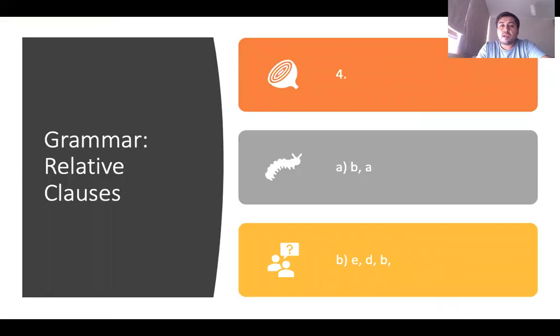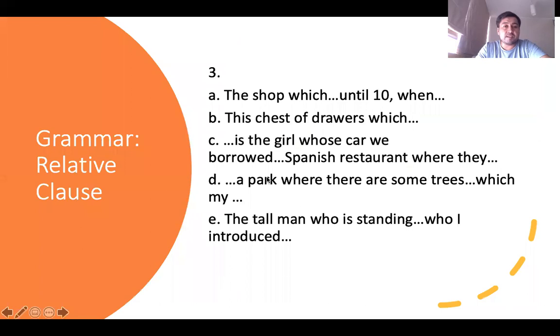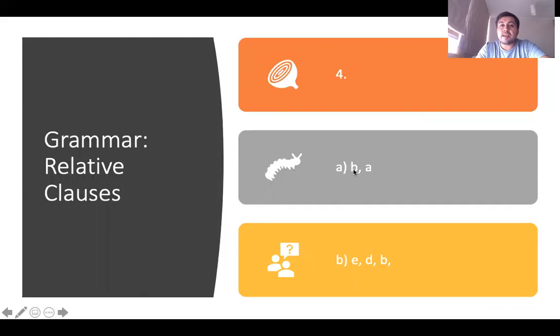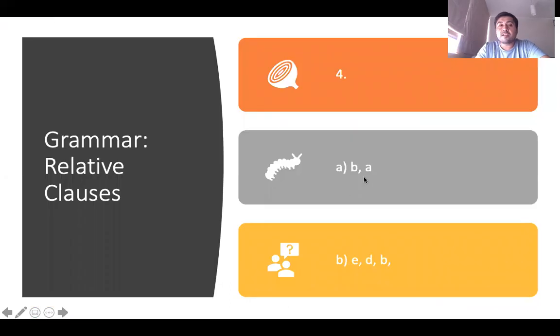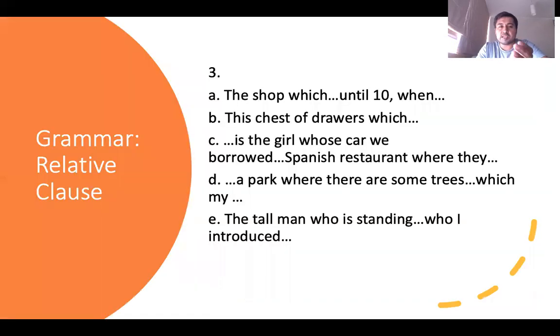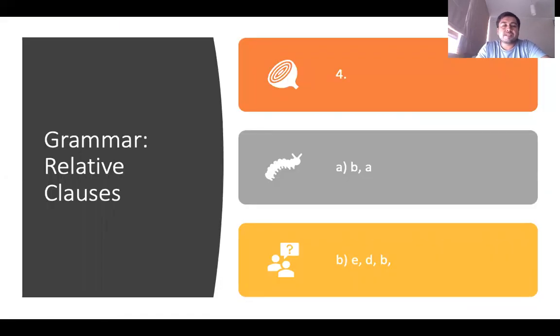So from all these sentences, we can say that sentence B and sentence A are the ones where you can omit the relative pronoun. Okay, so you can say the sentence taking out the relative pronoun.